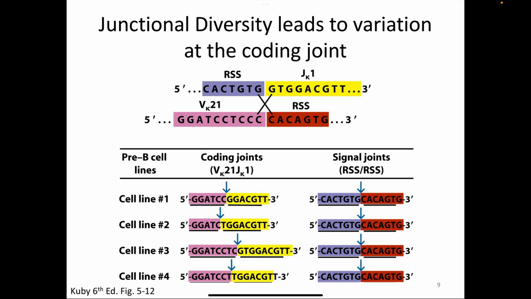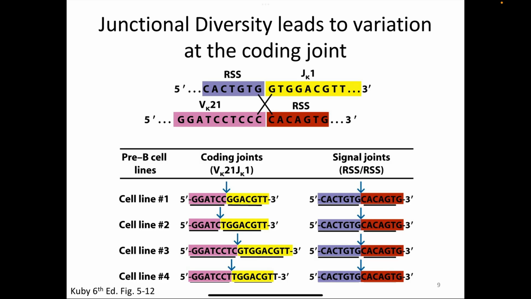Basically, because we don't deal with the hairpin perfectly, because we add and subtract base pairs when we deal with it, when we put together our two segments, our V and our J, we might end up getting different products in different B cells. Those different B cells might have dealt with their hairpins slightly differently, and that led to some addition and subtraction of base pairs.